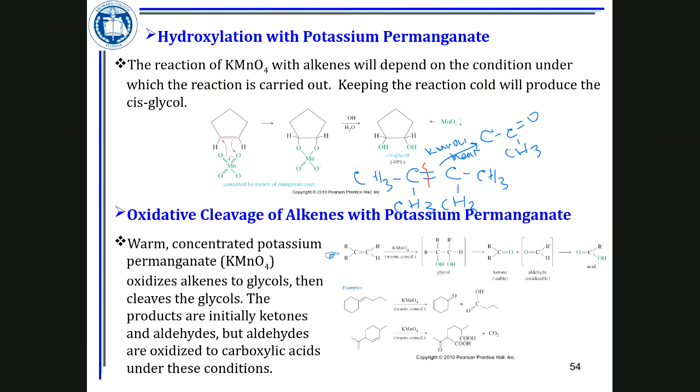Now, if you get aldehyde, it has still one hydrogen on the aldehyde. So if you have aldehyde as your final product, this can be oxidized again. What would be the product?